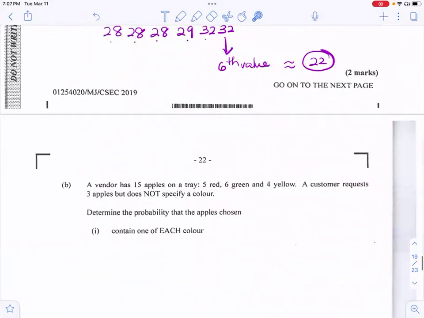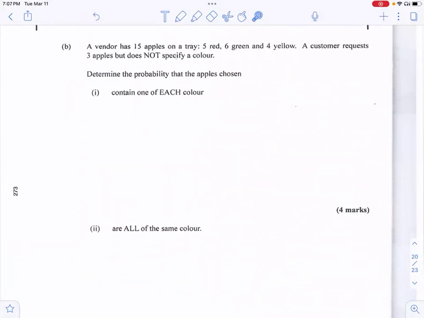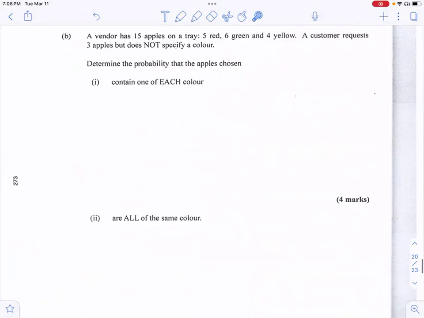So we didn't do any probability, and I wanted to start probability today. Let me start from this one, and we'll work our way upward to 2024. A vendor has 15 apples on a tray, 5 red, 6 green, and 4 yellow. The customer requests 3 apples, but does not specify a color.